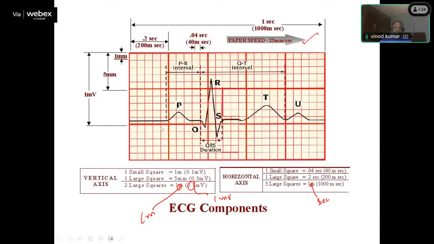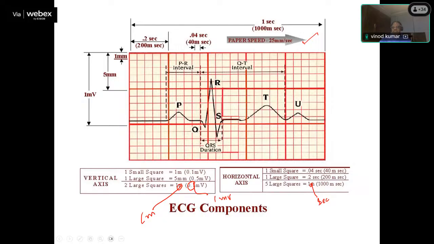Each small square is equal to 0.04 second, that is 40 millisecond. And this bigger square means it is 0.2 second. And all the five bigger squares, 1, 2, 3, 4, 5, this whole length equals 1 second. So roughly one ECG signal is equal to 1 second.